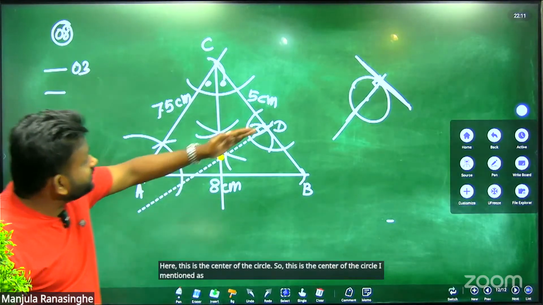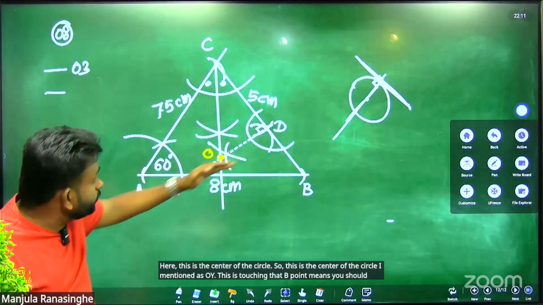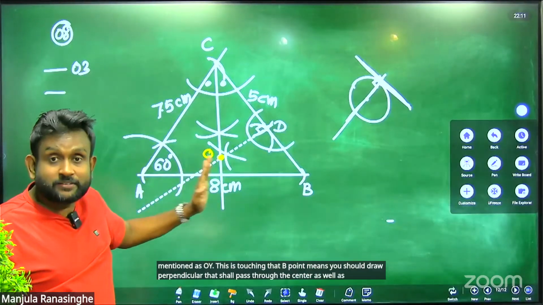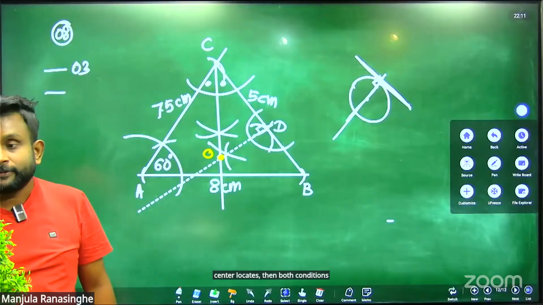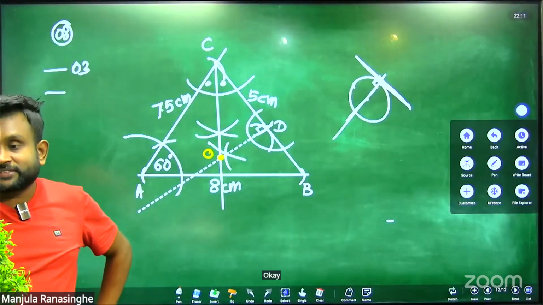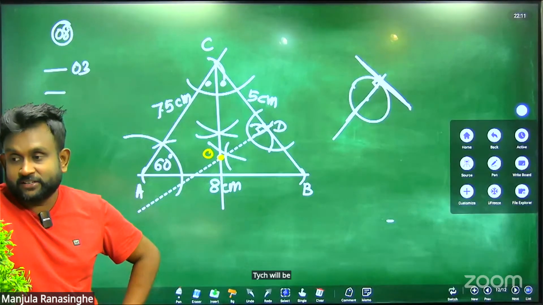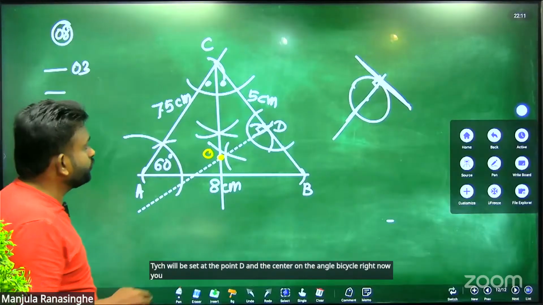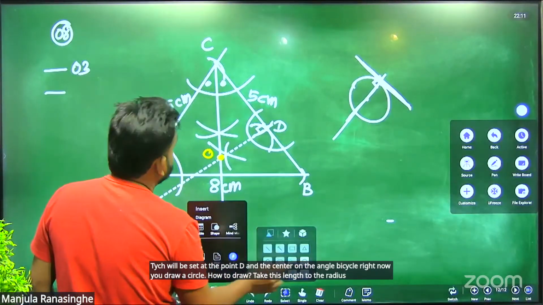Why? They say touching that D point means you should draw a perpendicular that shall pass through the center, as well as through the angle bisector. The center locates there, then both conditions are satisfied here. Now you draw a circle. How to draw? Take this length as the radius and draw the circle there.